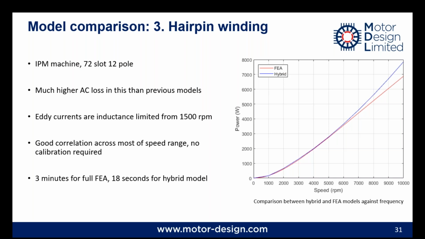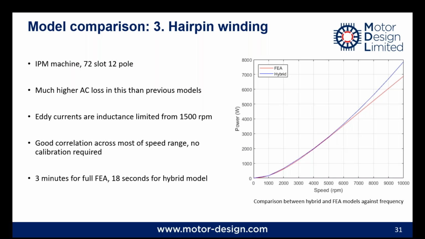In the previous two models, the eddy currents causing the AC losses were only really resistance limited, and they scaled effectively with the square of the frequency. In this one, because the AC losses are much larger, the eddy currents become inductance limited from a much earlier speed, and we have to make some changes to our hybrid model internally to account for that switch.